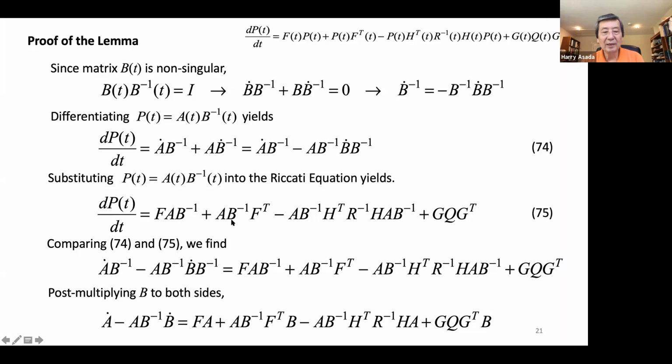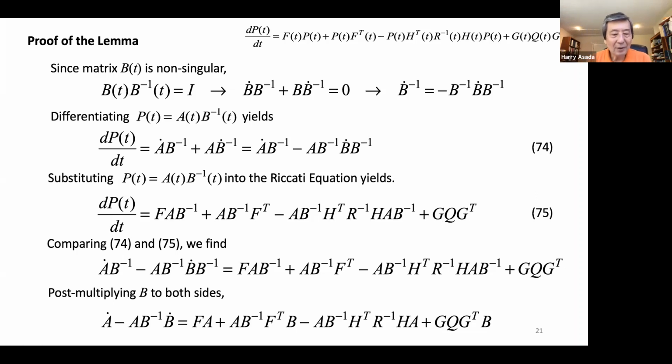And then again, A B inverse, and then times F transpose, right? So here we have P(t) in two places. So the first one becomes A B inverse, then H transpose, R inverse H, and then again P, A B inverse. And then that's about the G Q G transpose.